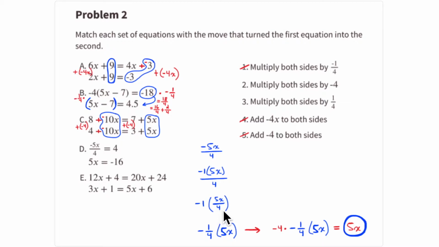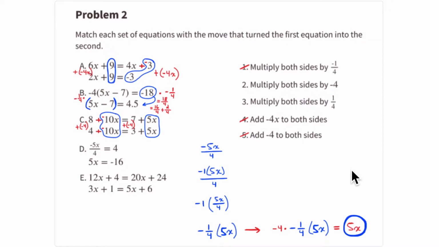And you could move this 4 in the denominator out and make a fraction of a negative 1/4 times 5x. And it is this form that they're really using to multiply negative 4 times a negative 1/4. This equals 1. And so you're left with 5x. That's this 5x right here.